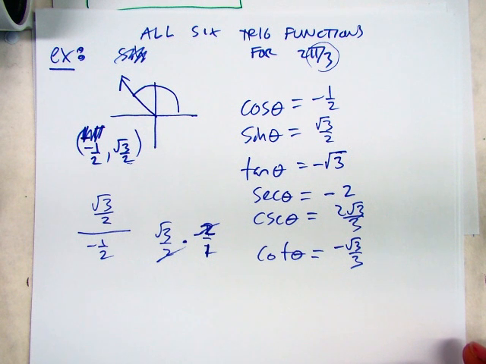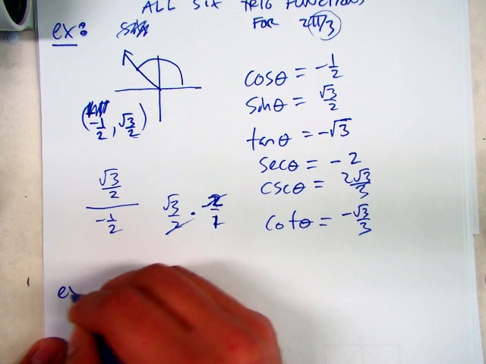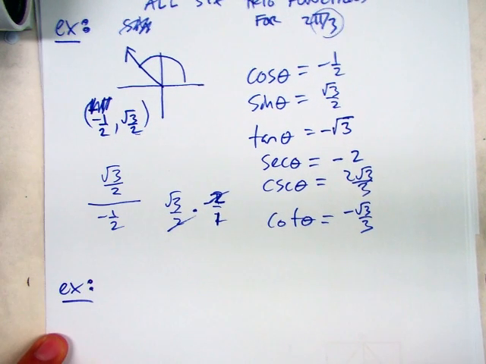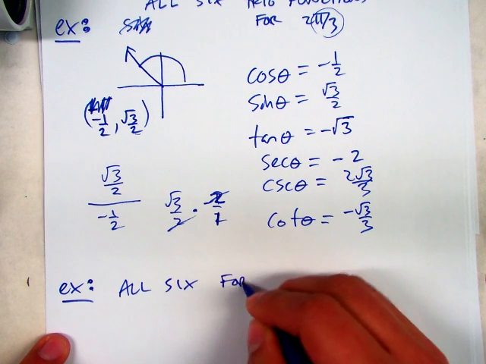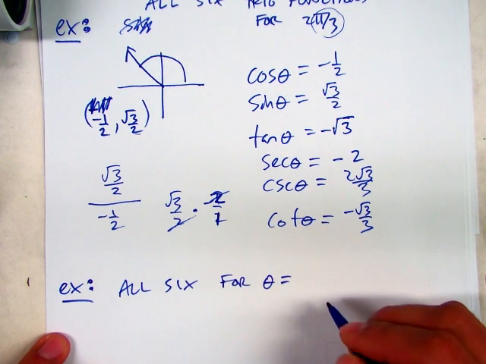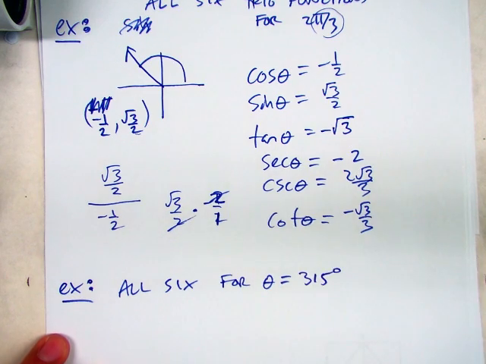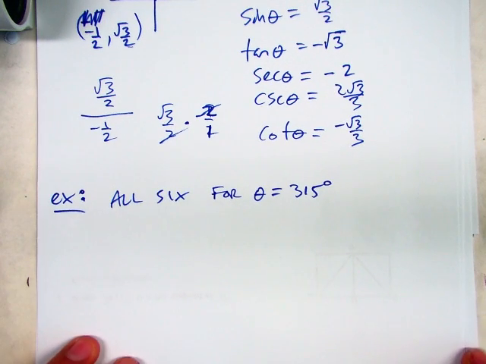Okay. All right. One more, just for good measure. Let's say we wanted to find all 6 for theta equal to 315 degrees.